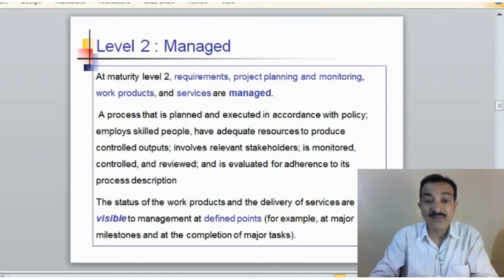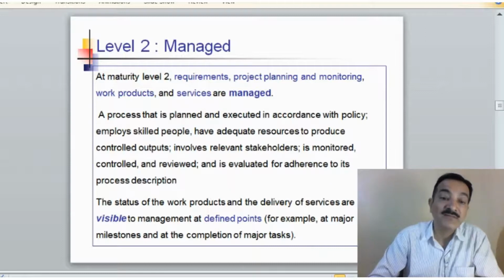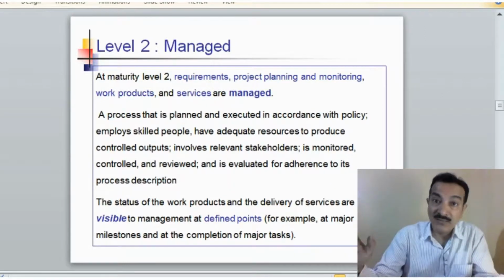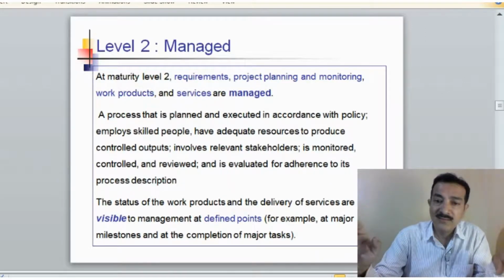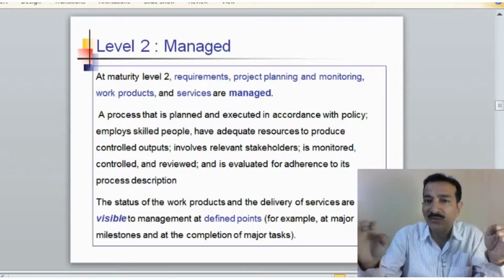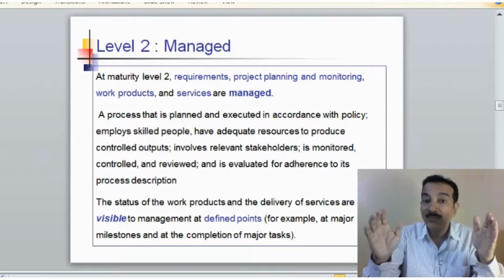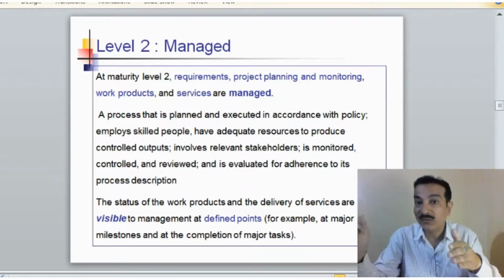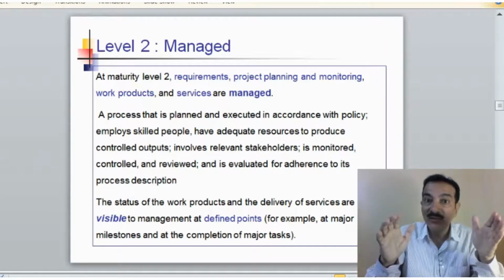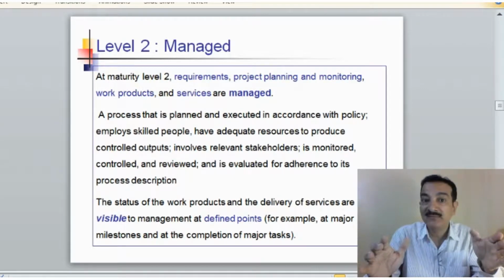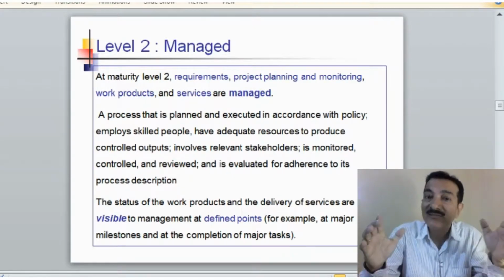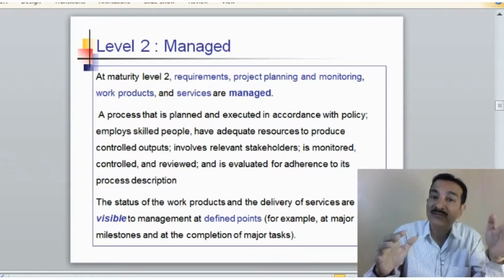The status of the work products and the delivery of services are visible. It does not mean that you will reach everything or complete in time, but you would know at different intervals how the project is actually progressing. So you're doing project management, and basically level 2 is more about project management.